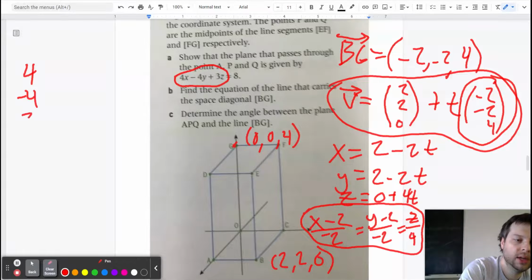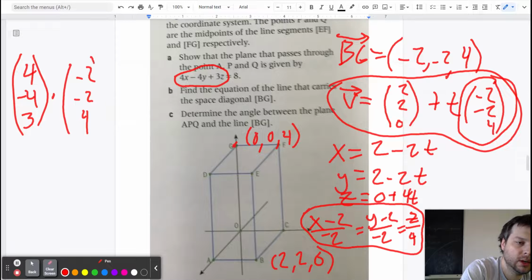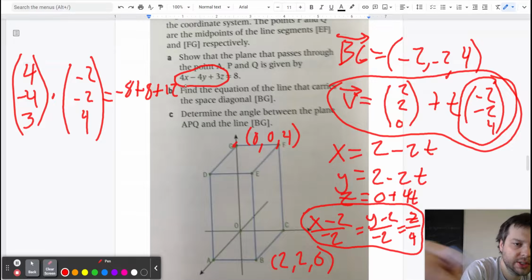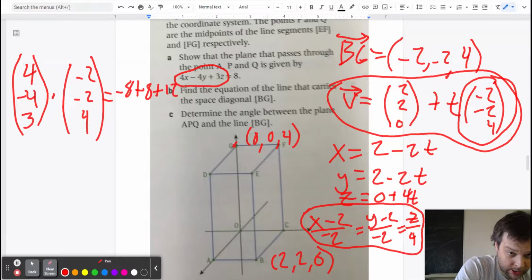So (4, negative 4, 3) dot (negative 2, negative 2, 4) is going to come out to be negative 8 plus 8 plus 12. Did I do that right? Yep, so that equals 12. So the dot product is 12. Now we do our magnitudes.